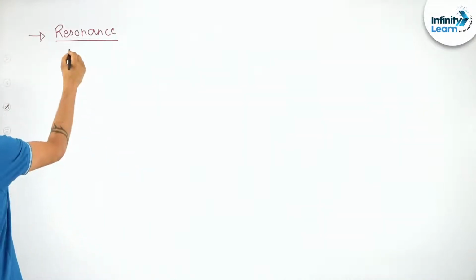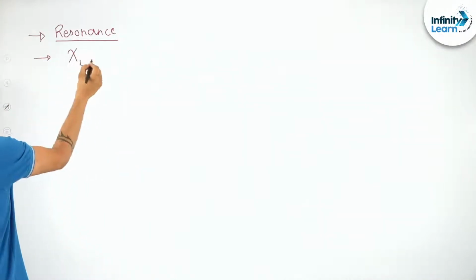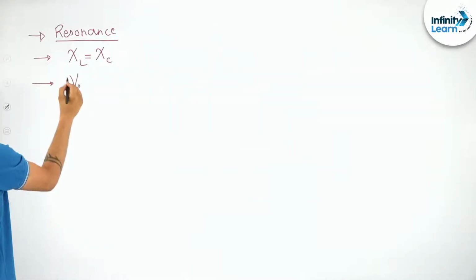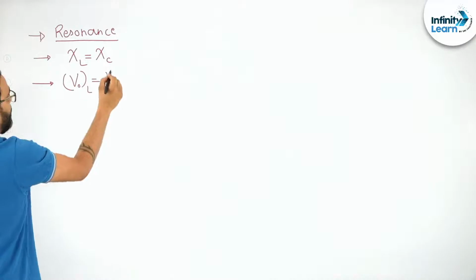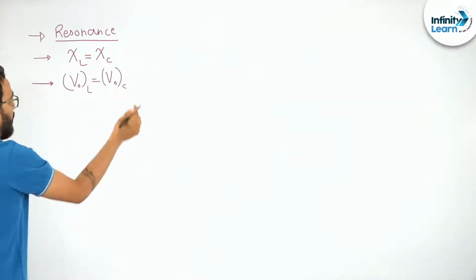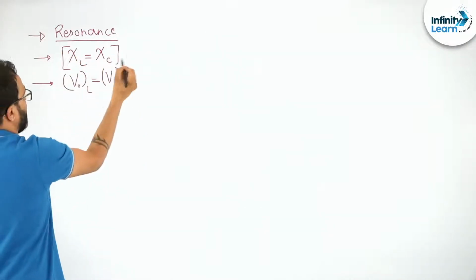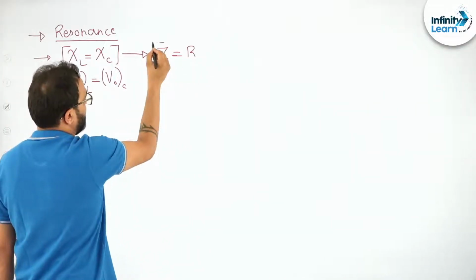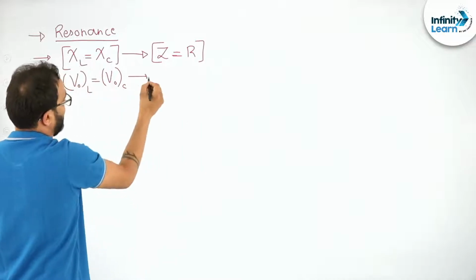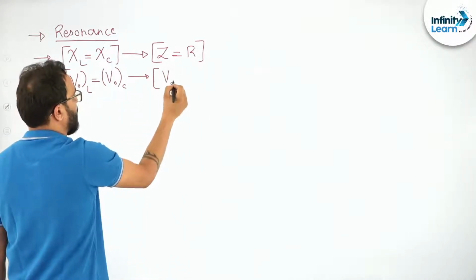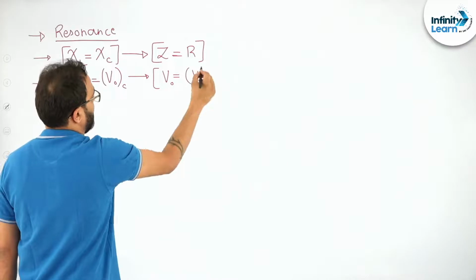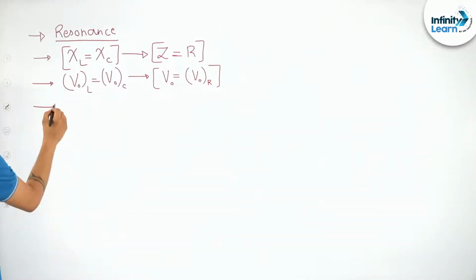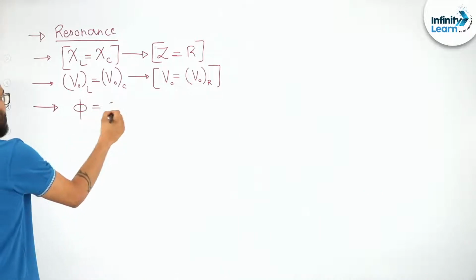We will say the first condition during resonance is XL becomes equal to XC. That means V naught L becomes equal to V naught C. Now when this happens, Z becomes equal to R, and we say V naught becomes equal to V naught R. Plus one more thing, phi becomes 0.